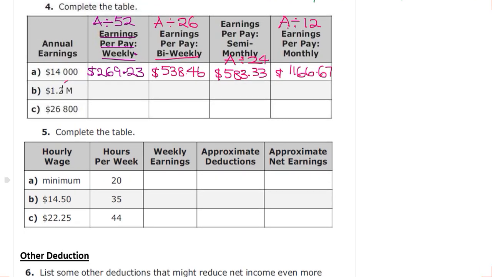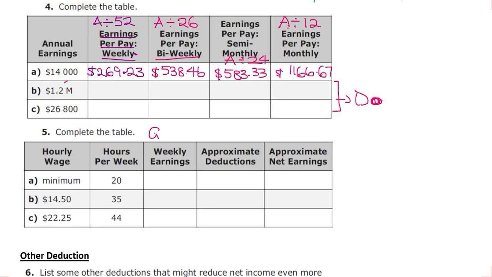Once you do that, I'll just write it here. You do the same strategy for 1.2 million, and in here you're going to apply that strategy for $26,800.